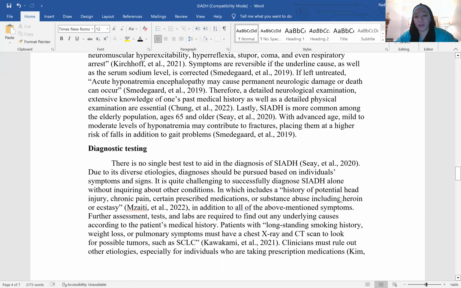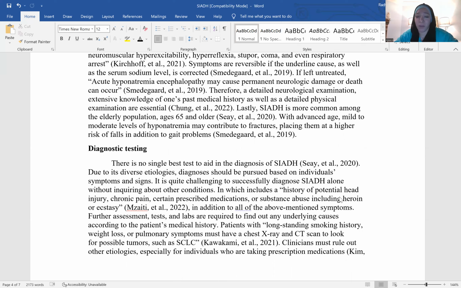Therefore, a detailed neurological examination, extensive knowledge of one's past medical history, as well as a detailed physical examination are essential. Lastly, SIADH is more common among the elderly population, ages 65 and older.